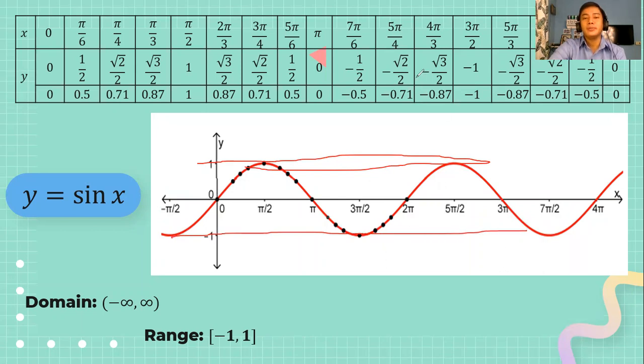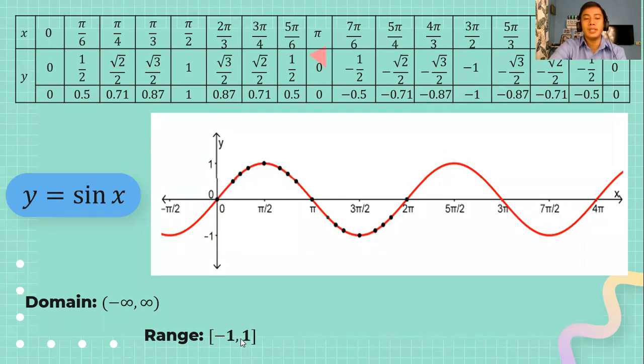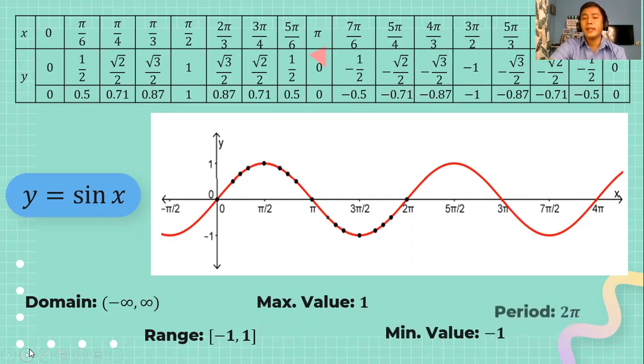That's why the range must always be between -1 and 1 only. It is impossible to get the sine of an angle which is 1 point something or -1 point something. Therefore, the maximum value that you could get is 1 and the minimum value is -1. Notice that the period is 2 pi.